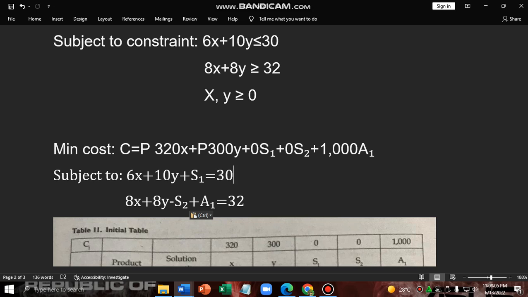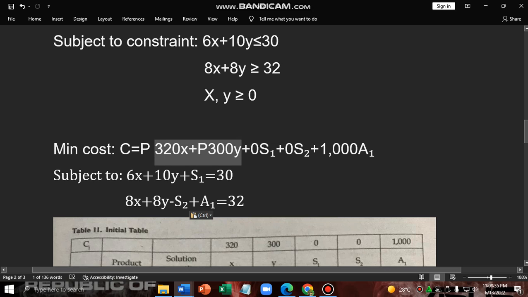To solve for 1,000 A sub 1, it is 10 greater than the coefficient values found in the objective and constraints. So we raise 10 to the power of the highest number here. The highest number here is 3, so 10 cubed is 1,000.